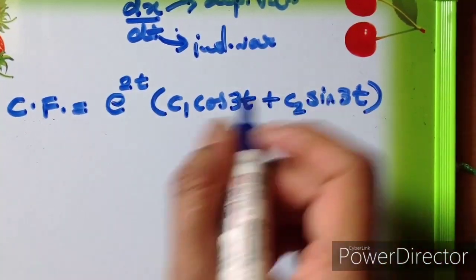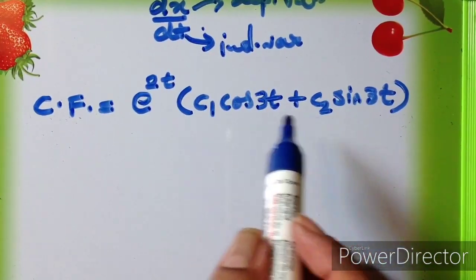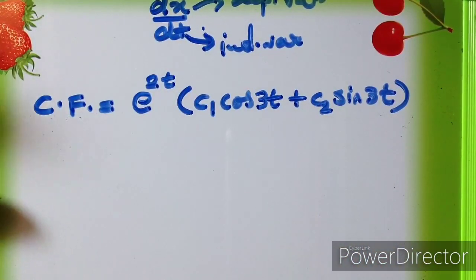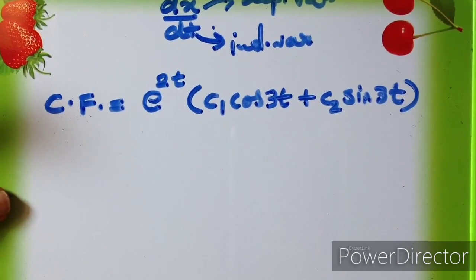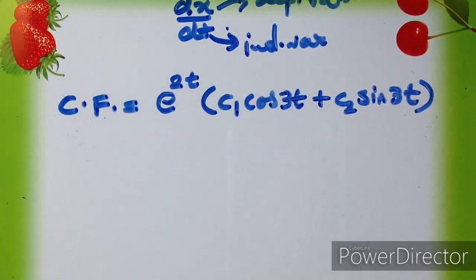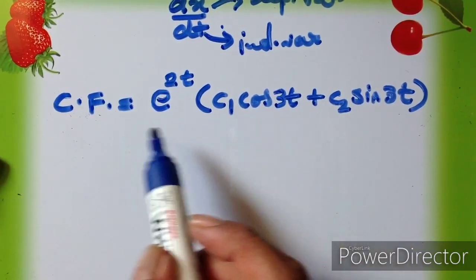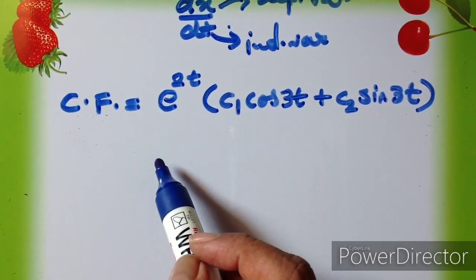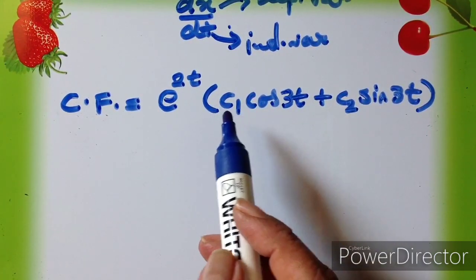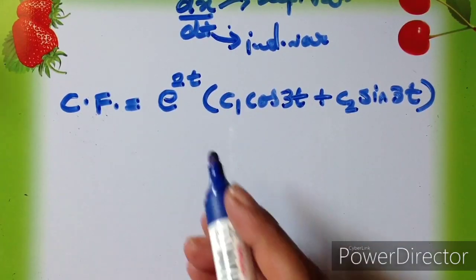You can go back to that section in the video where we were discussing roots and the 4 cases, and you will see that we have used the formula for case number 4 and written the CF. Like I said before, since the RHS is 0, this is a homogeneous linear differential equation with constant coefficients. So this CF itself is going to be the solution.